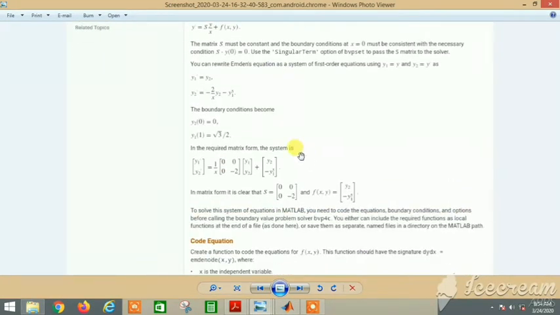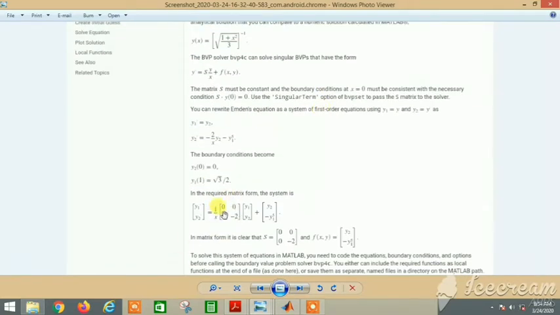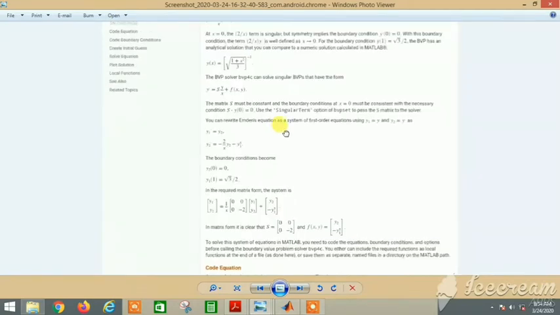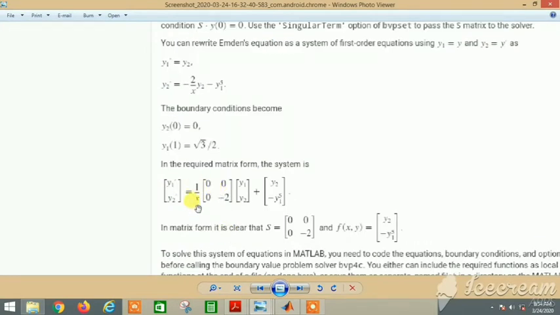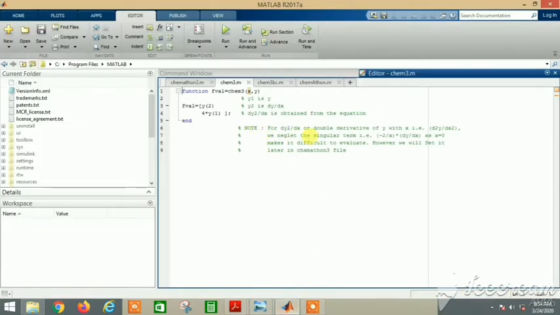You might refer to the MATLAB help center page on solving BVP with a singular term and look at how they have done it. For now, what we have seen is that they have made it really simple: S is a matrix that is creating a problem, because it is multiplied with 1 by x, so my x will be 0 and that will create a problem. So I have to evaluate it separately. How we do that, we will see in MATLAB.